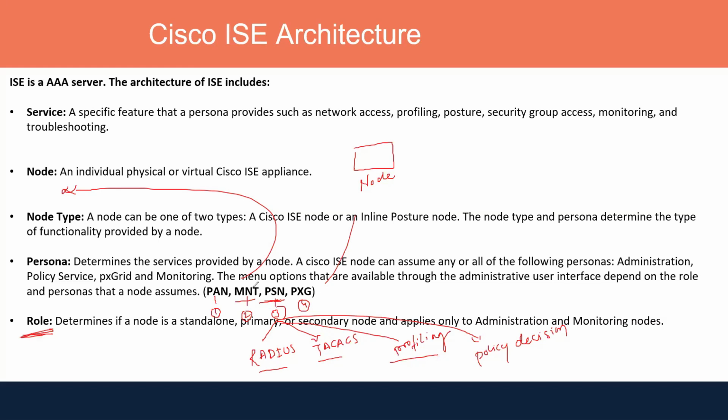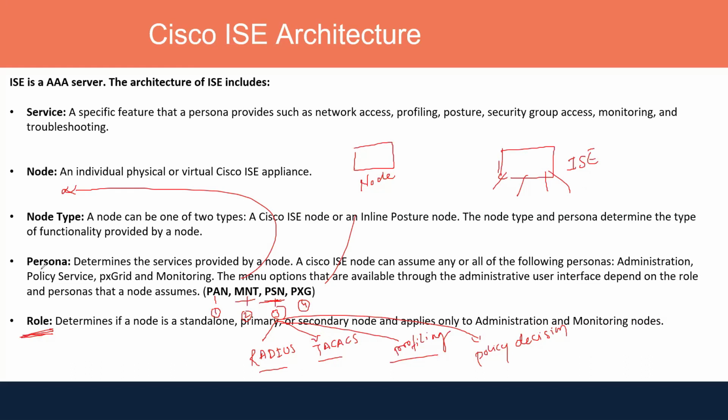Based on that, you can run these personas on different nodes. So let's say you have a standalone device, just a single device in your network which you want to use as ISE. This single device would carry out all the personas.